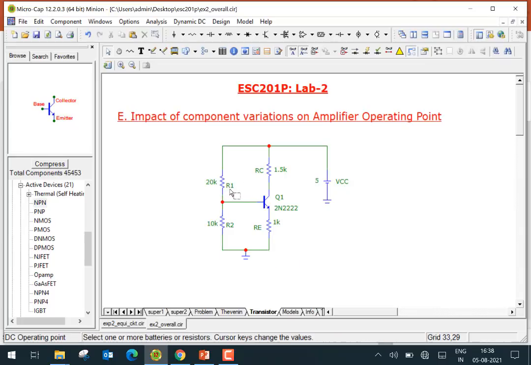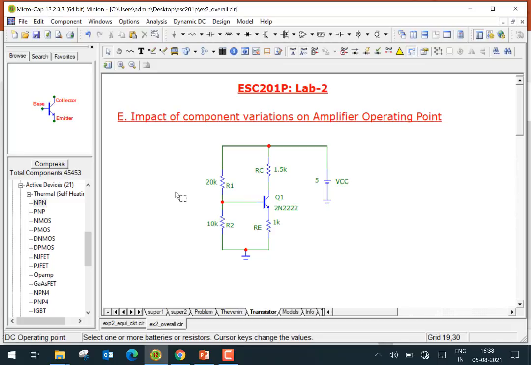Once you figure that out in terms of its impact on collector current, then accordingly change it to high or low. Similarly, figure out the impact of R2 on the collector current, RE on the collector current, RC on the collector current, and VCC on the collector current. For all of them, find out the impact and accordingly increase or decrease them, and find out what is the maximum value that you can possibly get in the lab if you were to make a circuit like this.